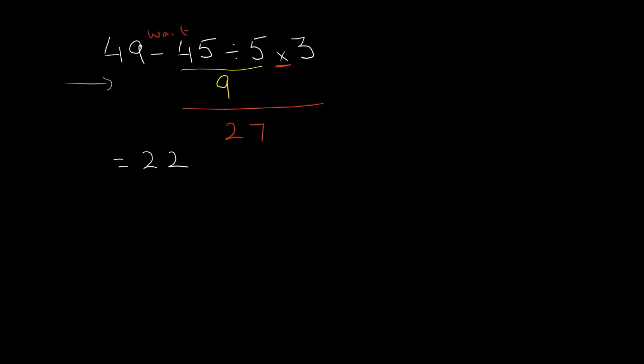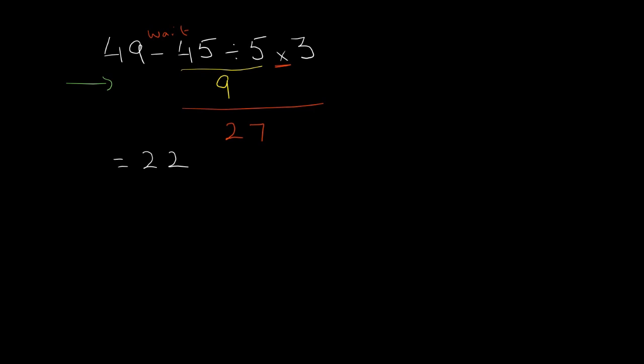Okay, now another thing that I've already introduced is the idea of parentheses. And the idea of parentheses is that if you want to change the order. So parentheses means that you do this first. It doesn't matter whether it's addition, multiplication, division, or subtraction. Whatever is in parentheses has to be done first.